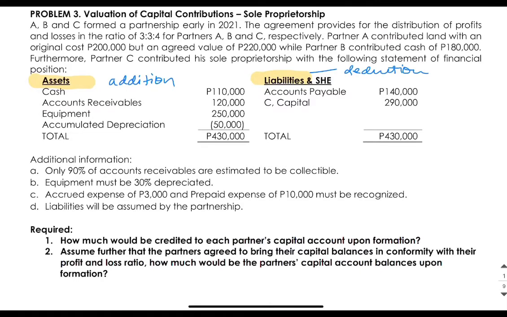So to determine the net capital contribution of this partner, we have to determine the net assets. And that is simply the difference between the total assets and liabilities. This net assets is synonymous to the capital of the sole proprietor. So this is your 290,000. This will be our starting point for the computation.